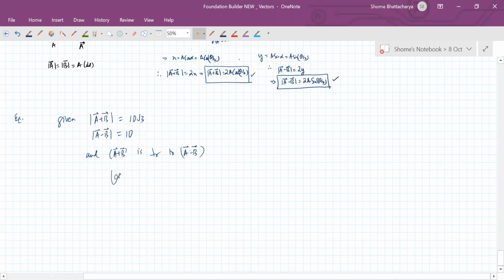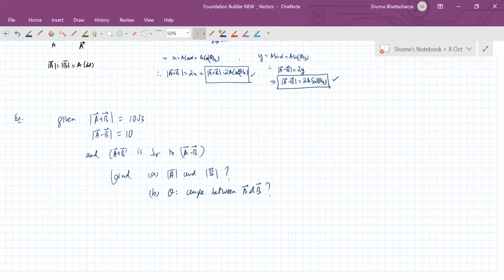Find mod a and mod b, and theta, the angle between a and b. So just try this out.